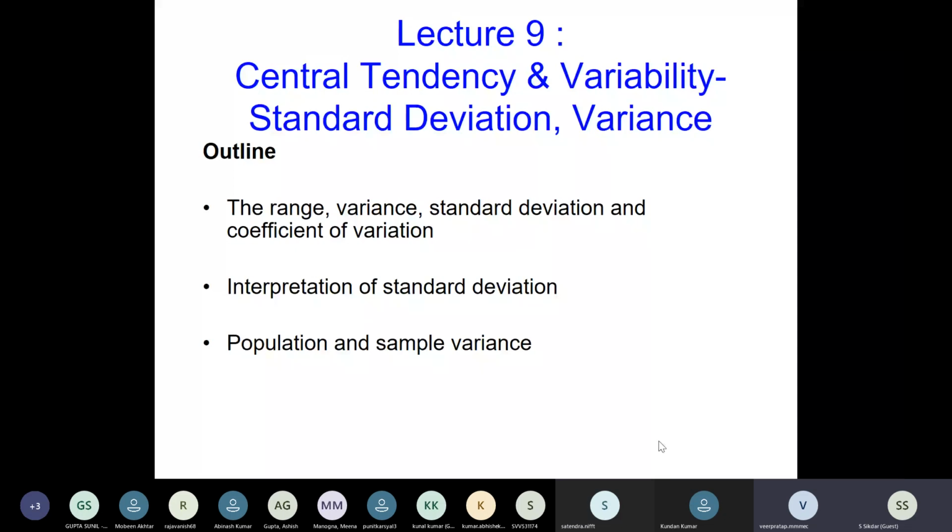Yes, sir. Okay, so what we start today is lecture 9. It is the extension of what we did the other day: central tendency and variability, standard deviation and variance. The other day we talked about mean, mode, median. So again we recapitulate as usual.